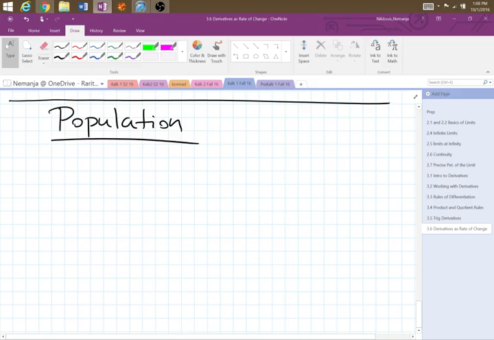So I want to take the current state. I'm going to call today's 2016 as a first point, and then 7.34 billion. And then let's take a look at the population.